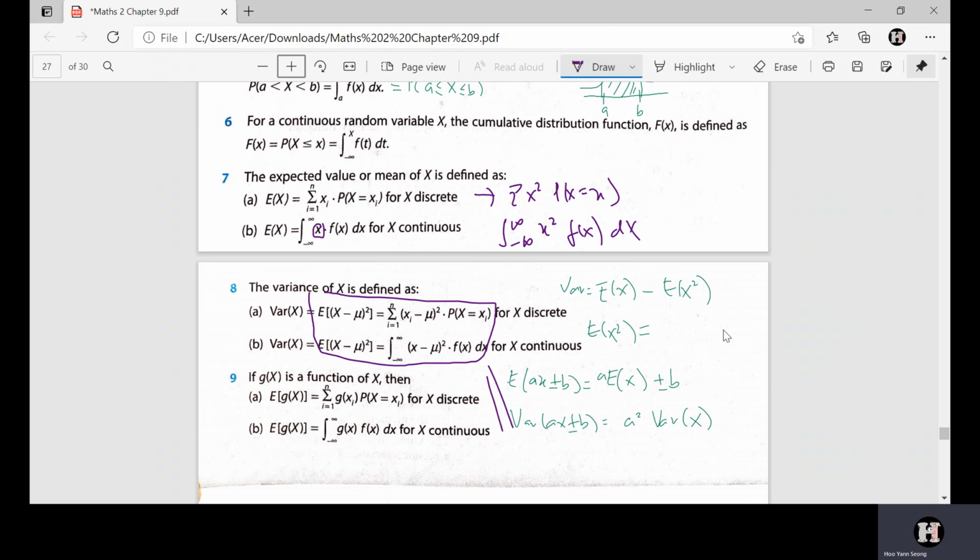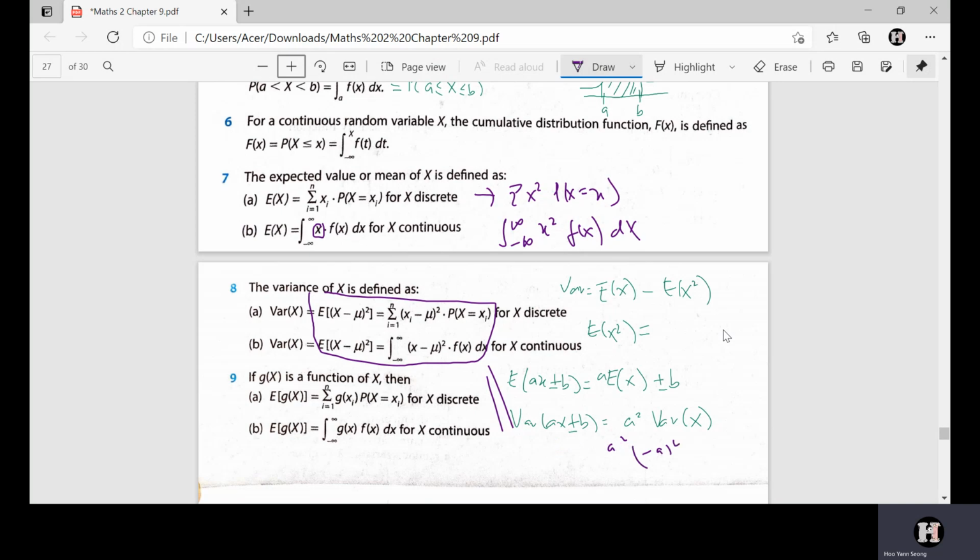And variance is the one with a squared. The variance of a number is 0. Because a is the coefficient, you will have a squared. So even if you have b minus ax, the a squared is still positive, because minus a squared is not possible.